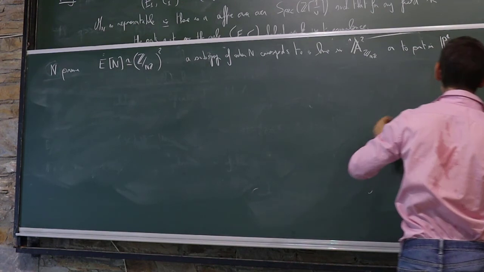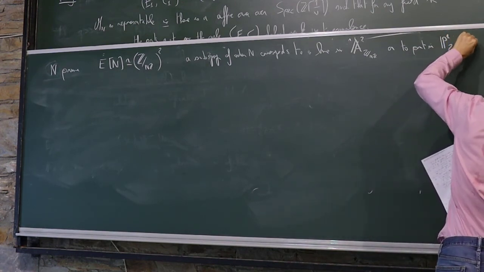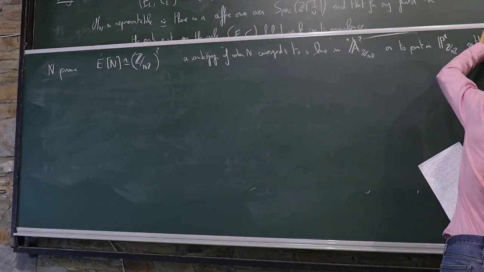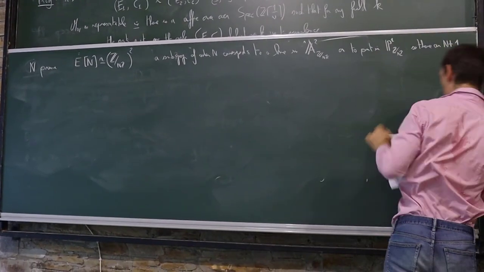So how many do we have? There are n plus 1 subgroups possible.